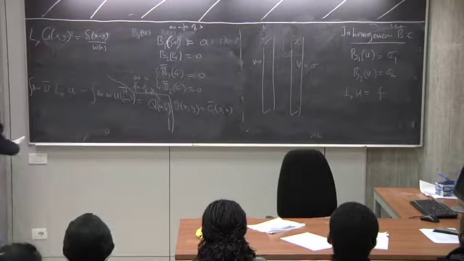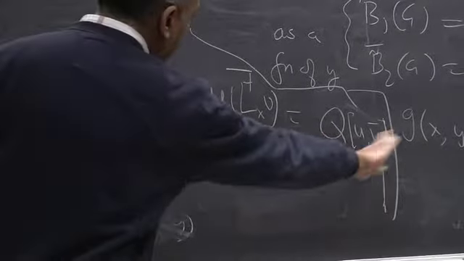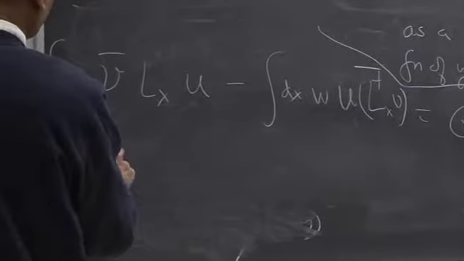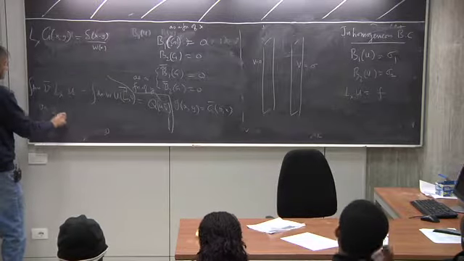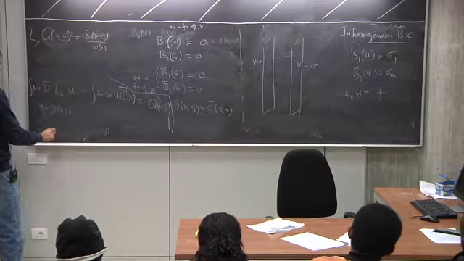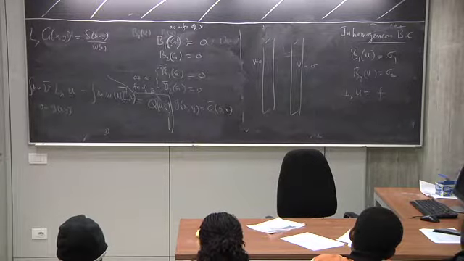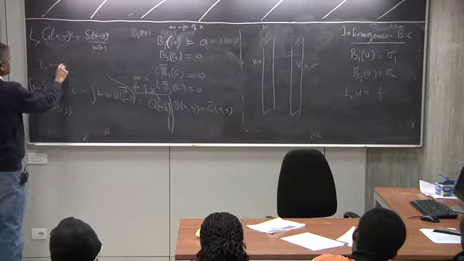So this was the generalized Green's identity. When they satisfy this boundary condition, this is 0. And then what we did was we took v to be equal to g of xy, and u to be a solution of this equation Lx u equal to f.